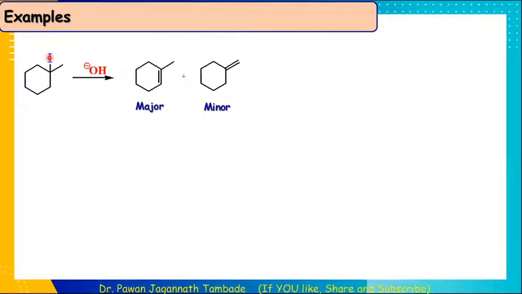This is an alkyl halide. When this alkyl halide is allowed to react with some base, it undergoes an elimination type of reaction, and we can get these two different products.